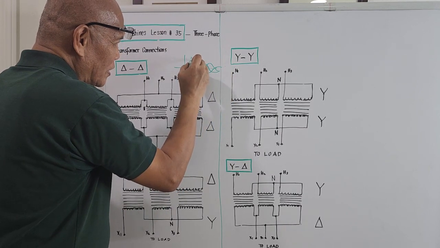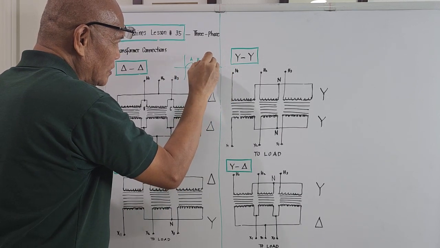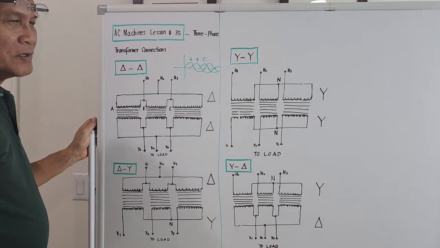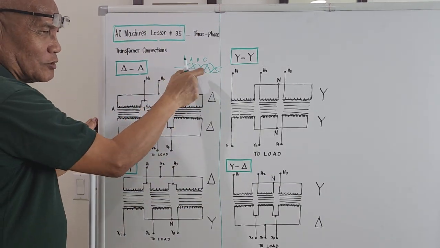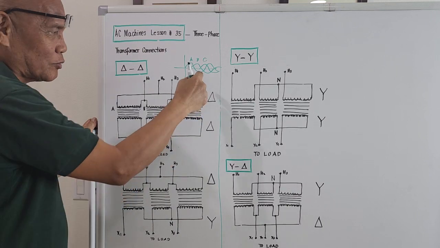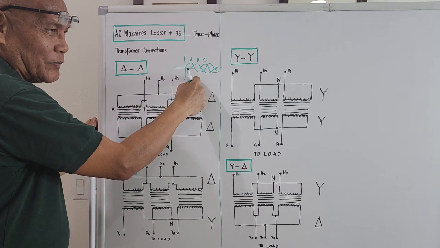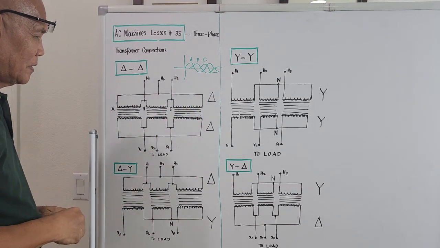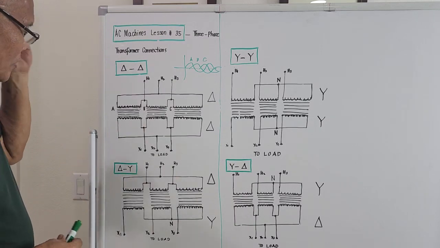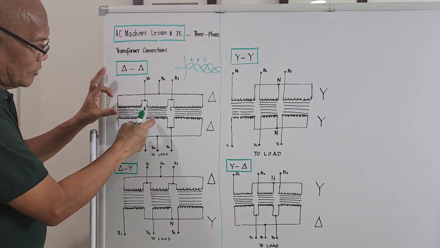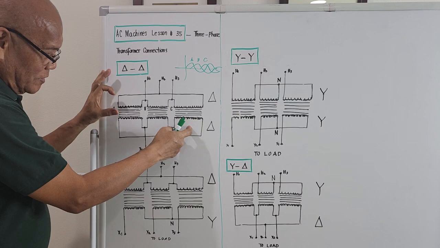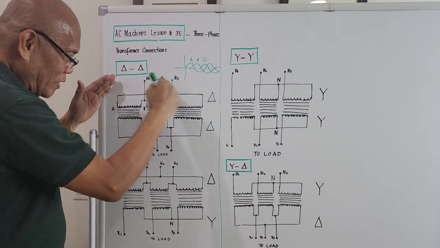So this is actually the graph of the induced voltage for a three-phase transformer. Okay? This is the first leg, second leg, third leg, so this comprises just one core.